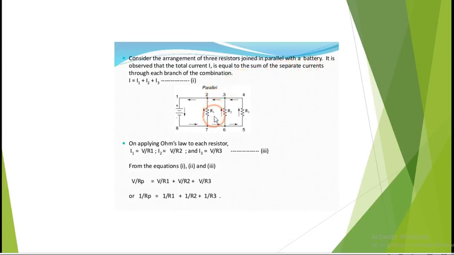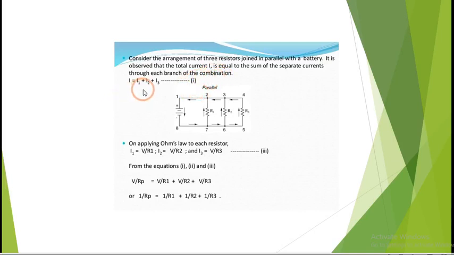Consider an arrangement of three resistors joined in parallel with a battery. You can see it over here, R1, R2, R3 connected parallelly. Their currents are I1, I2, I3 respectively and they are connected with a potential battery V. Now, it is observed that total current I is equal to the sum of separate currents through each branch of the combination.